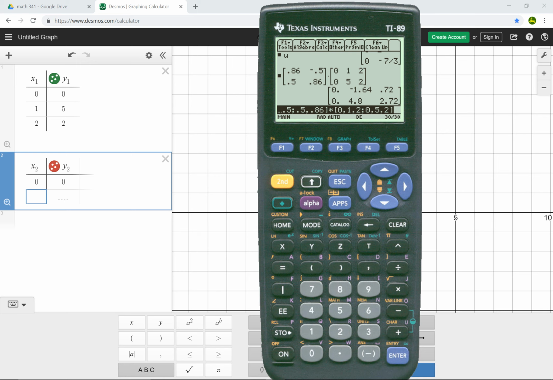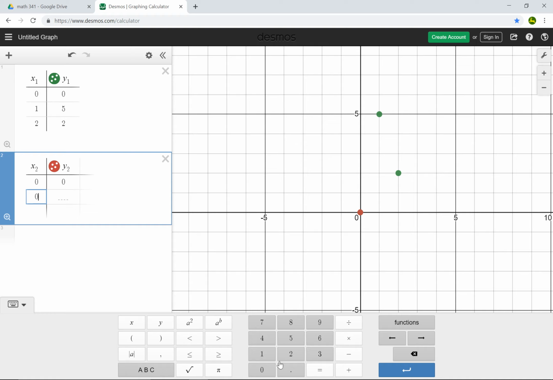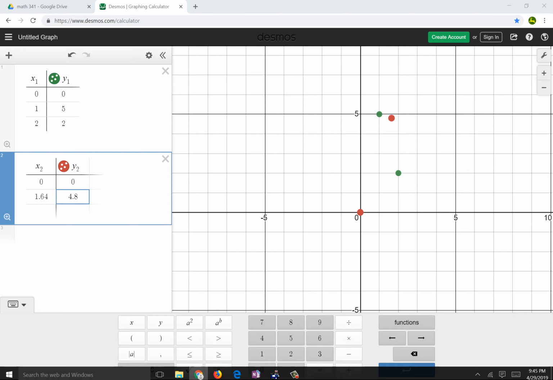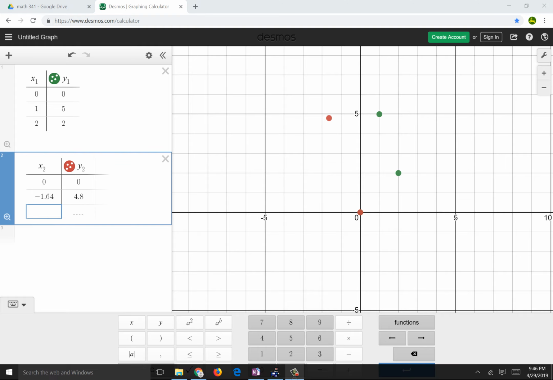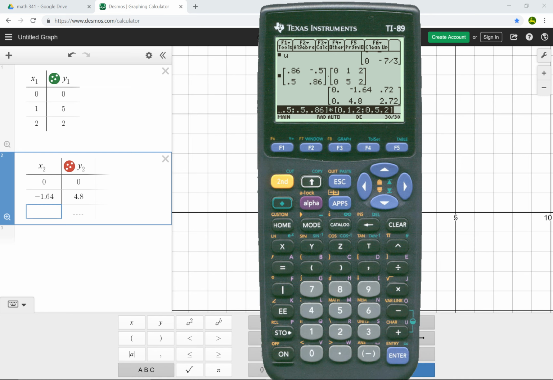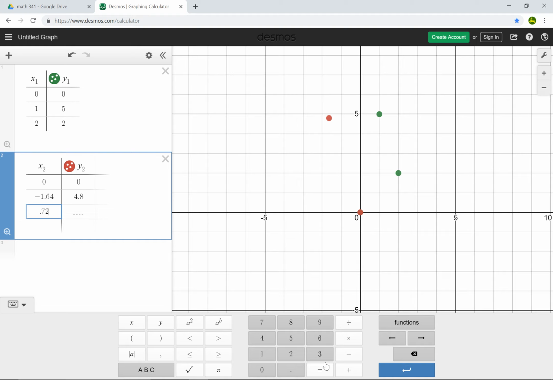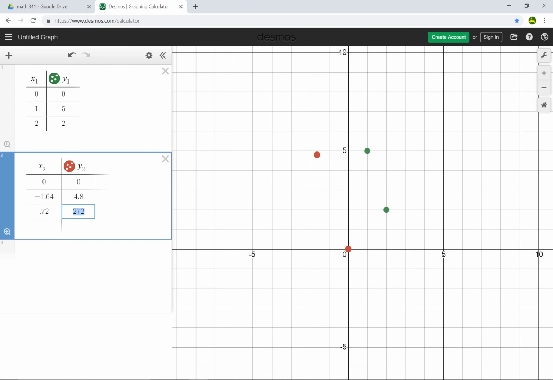I wasn't paying attention. 1.64 and 4.8, and negative... All right, and the last one is 0.72, 2.72.